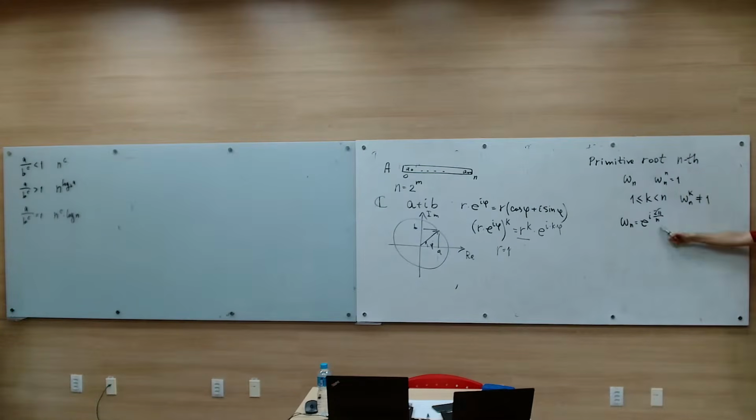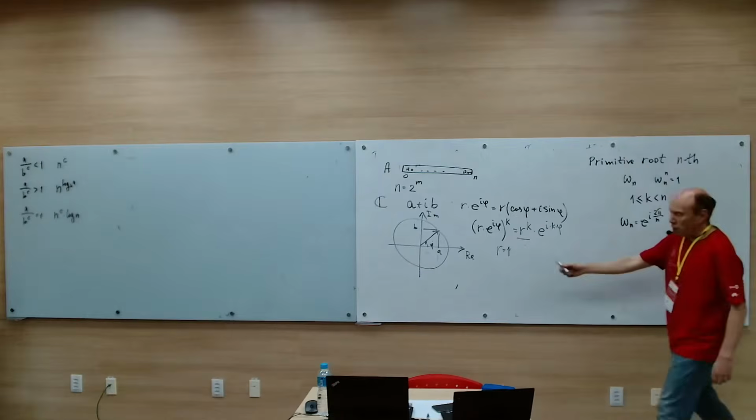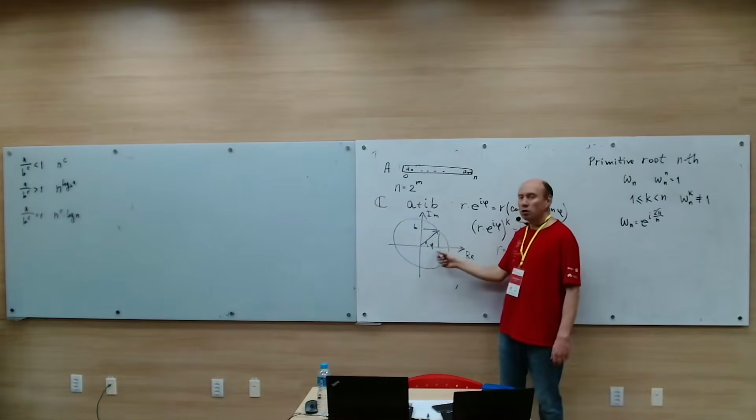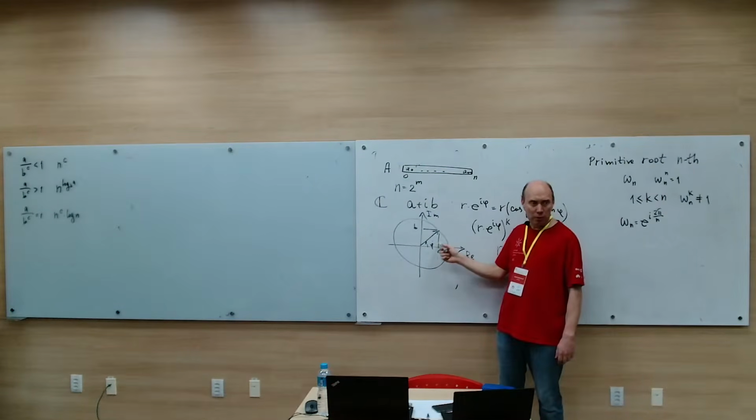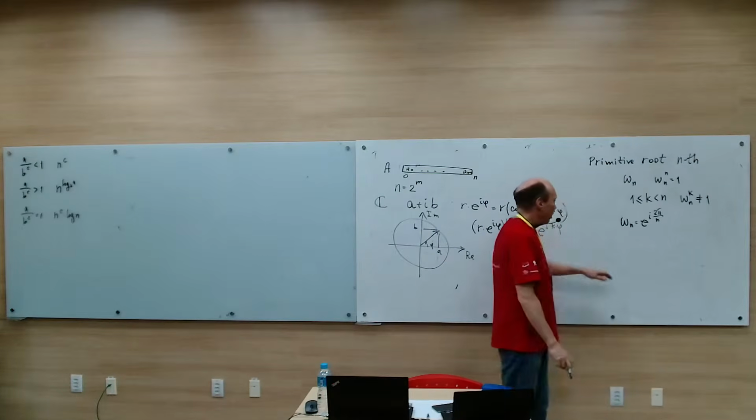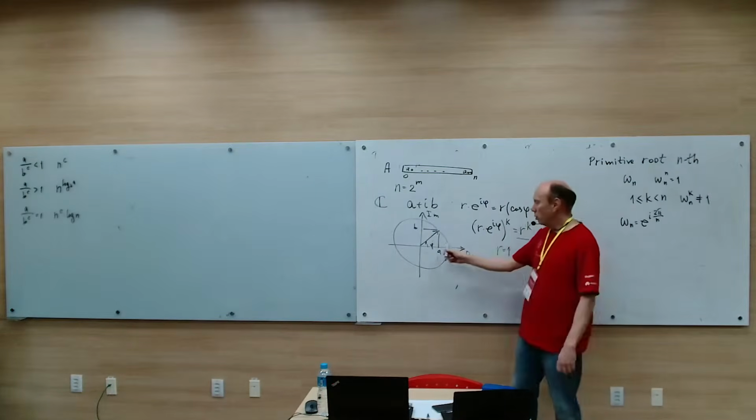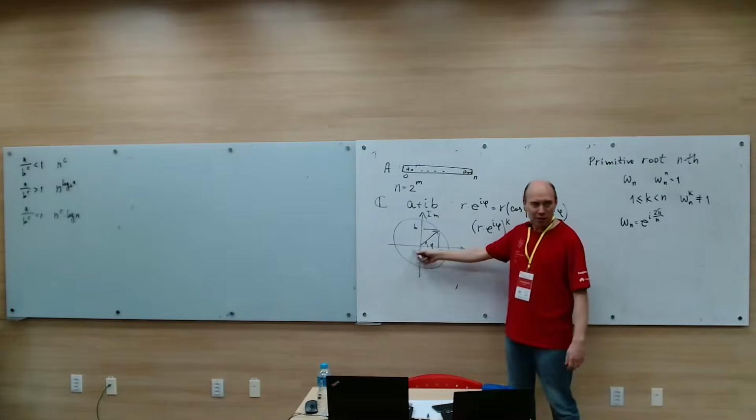It is clear that if we raise it to the nth power, it will be e to the power of i times 2 pi, which means that we make a full circle of 2 pi and get back to 1. For any smaller power, we're not going to get there.